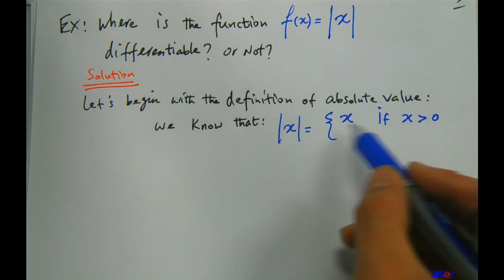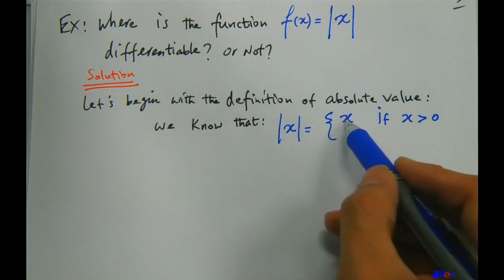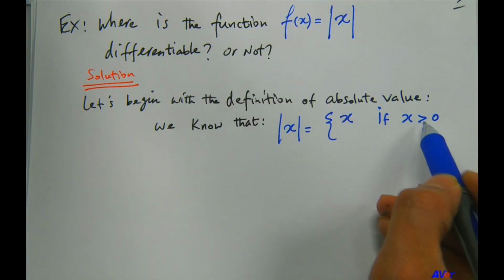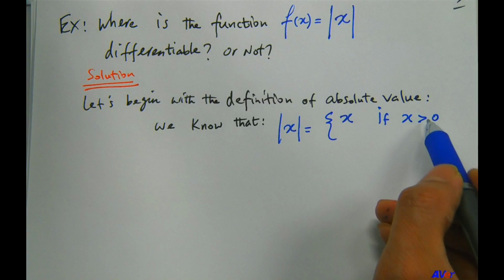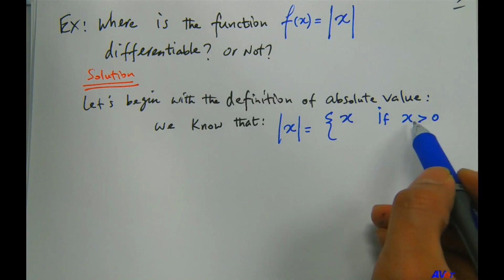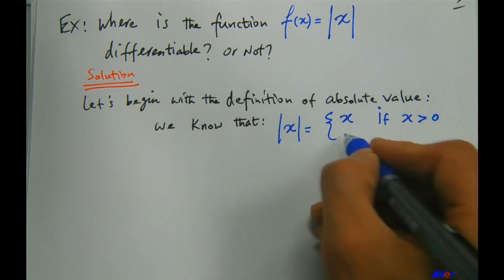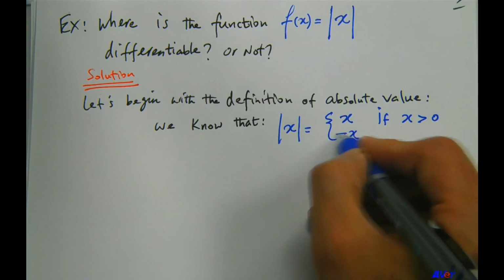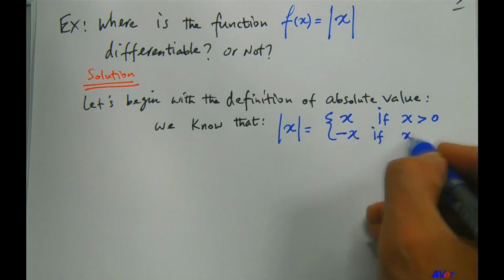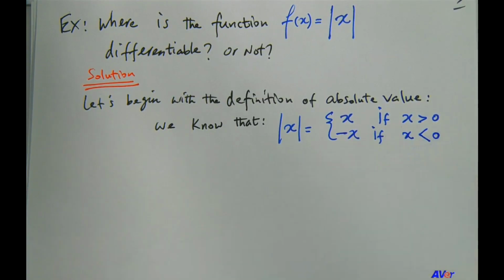Normally we would say absolute value of x equals x if x is greater than or equal to 0, but for some reason, and I'll explain that in a second, I'll talk about why I want to leave the 0 out. So just x greater than 0, and equals minus x, of course, if x is some negative value, less than 0. Okay?